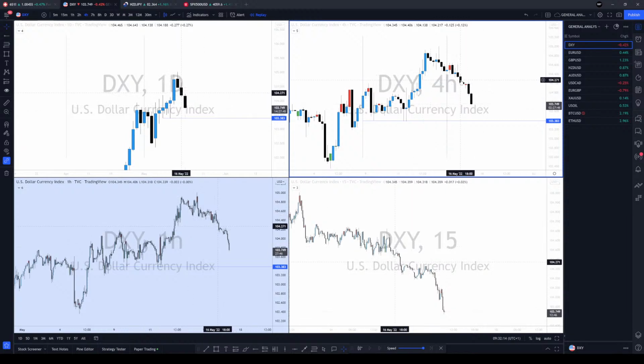I wanted to see maybe some kind of displacement happen inside that area, so that I can use that in terms of looking for longs on dollar and shorts on foreign currencies.